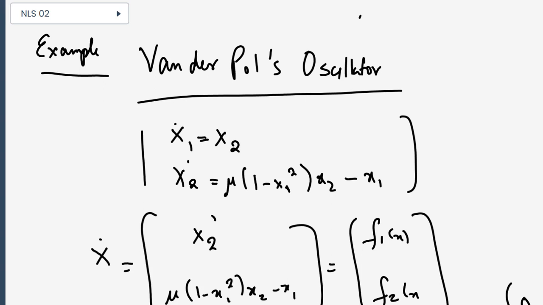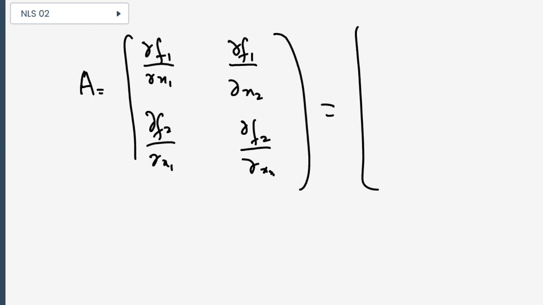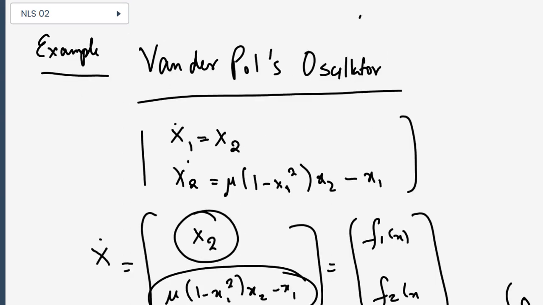So f1 is this, f2 is this. Partially differentiating f1, which is x2, with respect to x1 gives us 0. Partially differentiating it with respect to x2 will give us 1. Then we differentiate f2 with respect to x1 and with respect to x2.